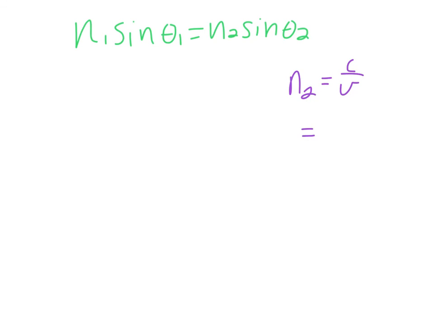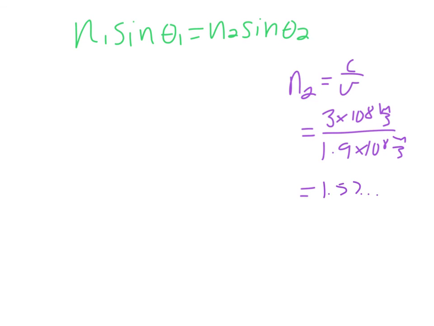So this equals 3 times 10 to the 8th meters per second over 1.9 times 10 to the 8th meters per second. That gives us 1.57, keeps on going.